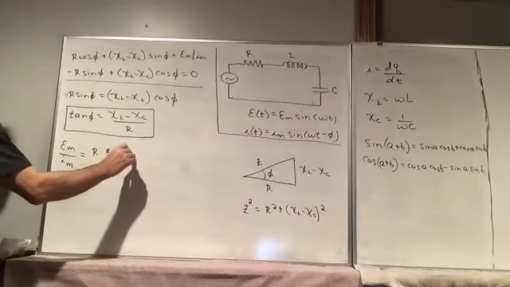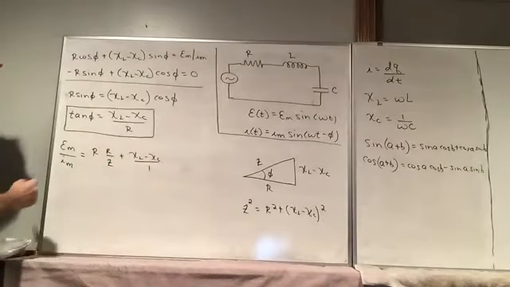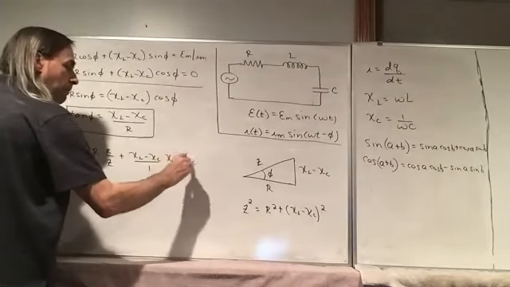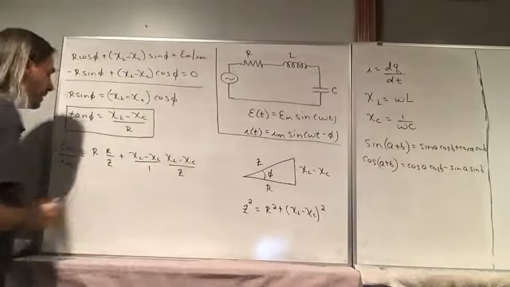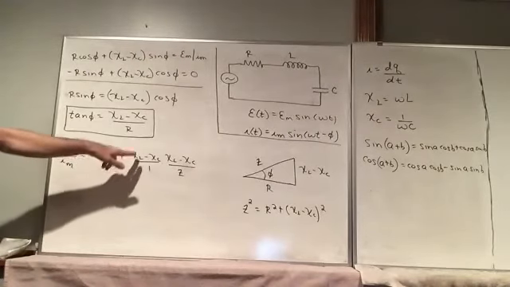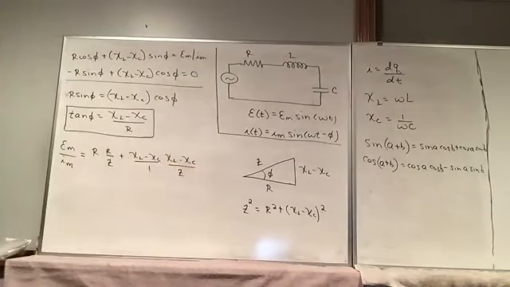And then we have xi L minus xi C times sine of phi, which is that. So this is r cosine phi plus that xi L minus xi C times sine of phi.